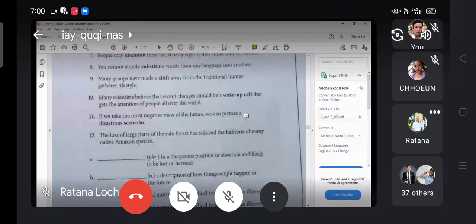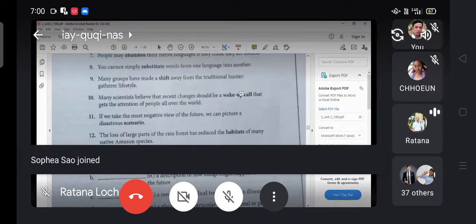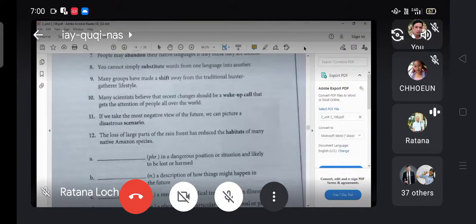Change. And a wake-up call. The technique is they use a verb as an adjective by putting hyphens here, to become an adjective. A wake-up call. Do you know the meaning of wake-up call? Anyone know the meaning? I don't know, teacher.